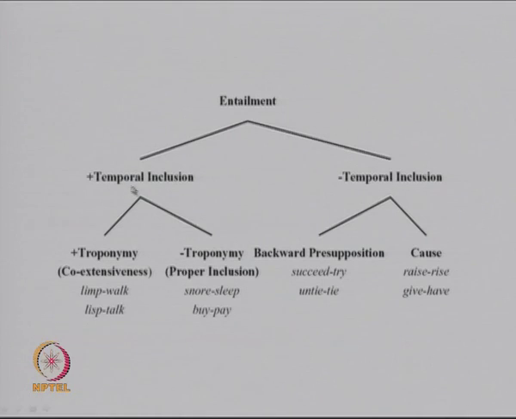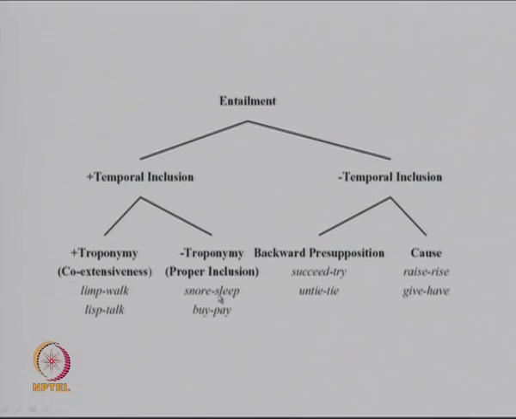In plus temporal inclusion and minus troponymy, we have proper inclusion. So, snore and sleep. There is a period when sleep is attended with snoring, and in that period snoring and sleeping are coextensive, but we cannot say that snoring is completely coextensive with sleeping, because they do not always occur together. So, this is temporal inclusion, but minus troponymy.